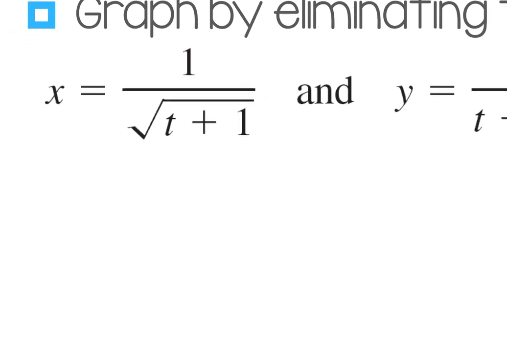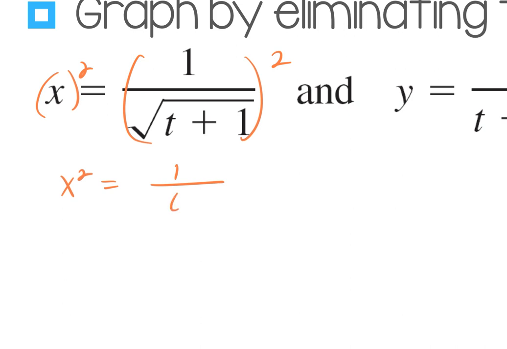If I do x, if I want to solve for t, what's the first thing you've got to do? You can bring the square root out of the bottom by multiplying by it. You could square both sides of your equation, so there's a couple different ways to do this. So what did your gut tell you to do? Square both sides. Let's try that. So I get x squared equals 1 squared, which is 1, over the square root of t plus 1 squared, which would be t plus 1.